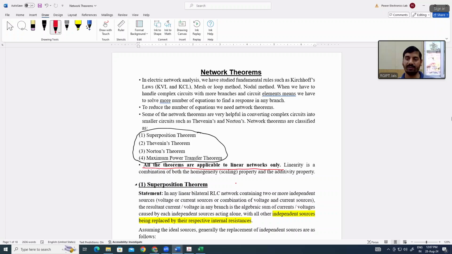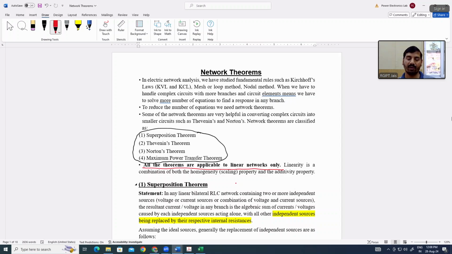I am telling again, linear networks means the network which has linear elements only. Linear elements are those elements where there is a linear relationship between voltage and current.